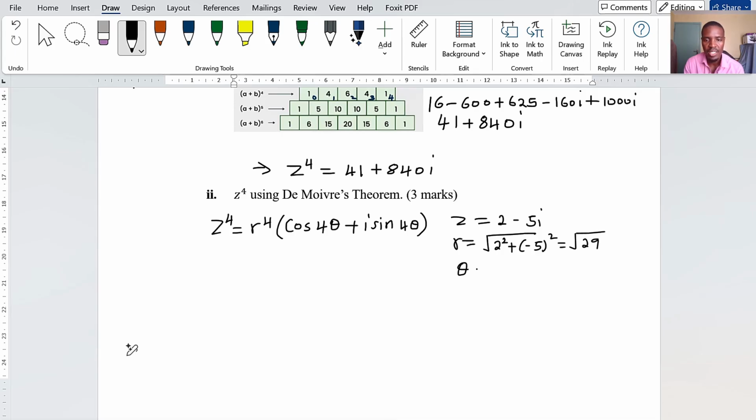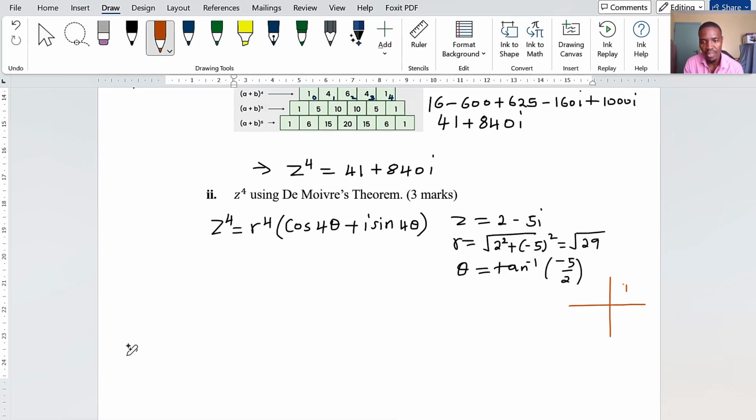Then theta, if you remember, is tan inverse of the y part, which is our negative 5, over x. I drew this at the beginning. Remember, this is y, which is the opposite, and this is the adjacent. But I can draw it again. Y is negative, so which quadrant is it likely to fall in?